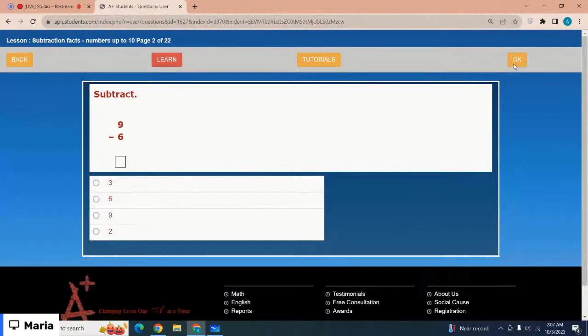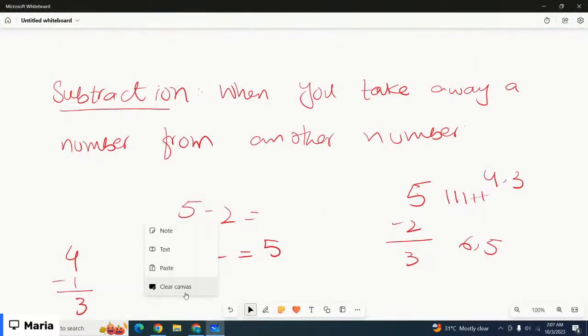Okay, the next one is 9 take away 6. So 9 take away 6 equals, start with 9, or you can make 9 lines: 1, 2, 3, 4, 5, 6, 7, 8, 9. Remove 6 of the lines: 1, 2, 3, 4, 5, 6.